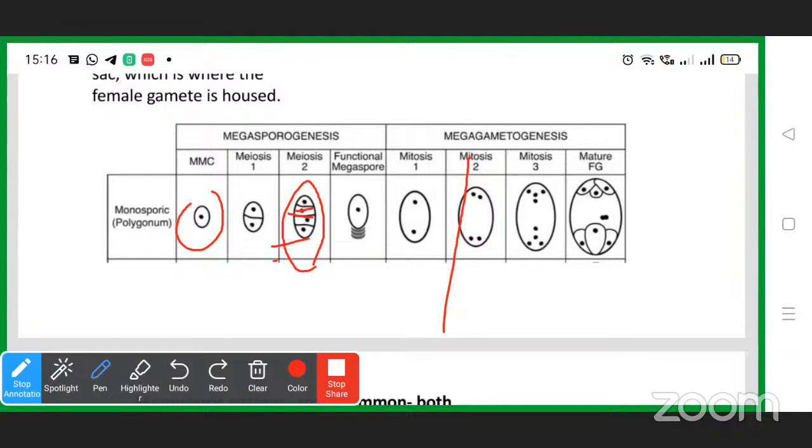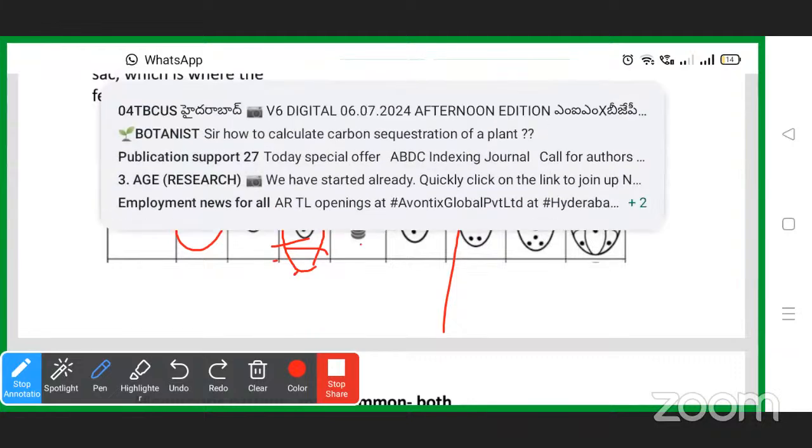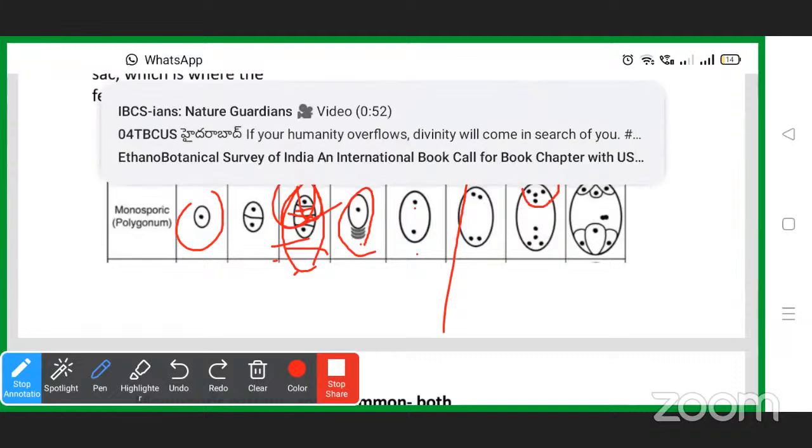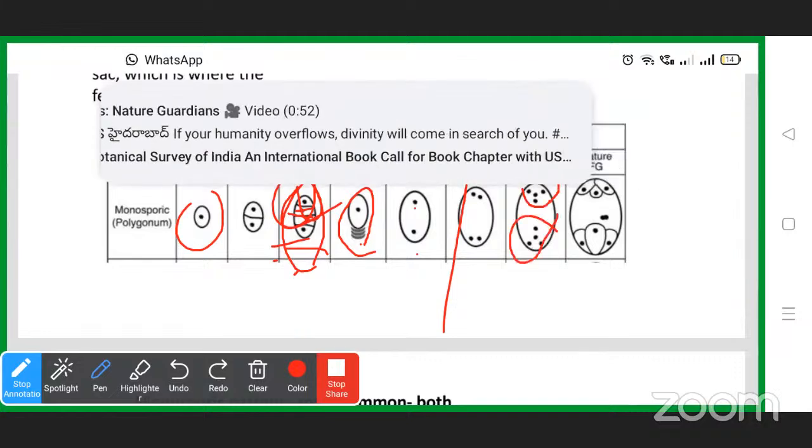Of the 4 nuclei, 3 degenerate at the chalazal end, and 1 remains at the micropylar end. That single nucleus takes further division into 2, then the next mitotic division 2 into 4, and the third mitotic division 4 into 8. Of the 8, 4 are at the micropylar end, 4 at the chalazal end.